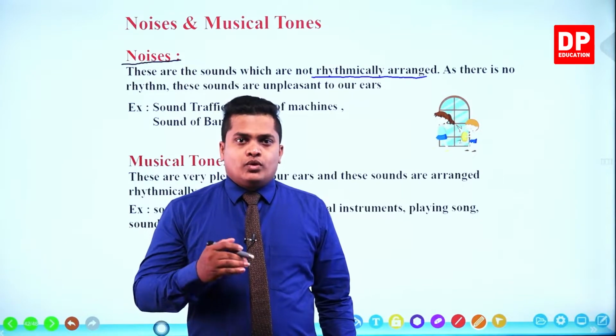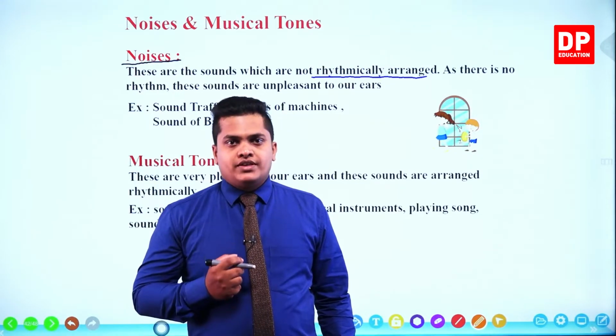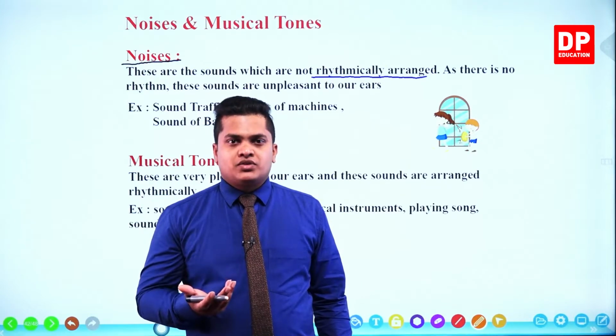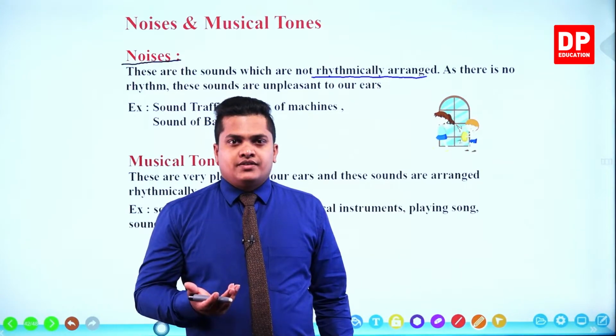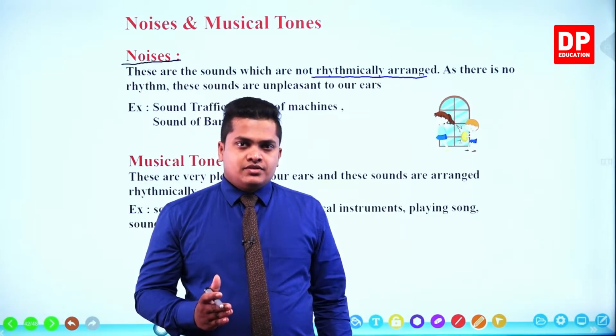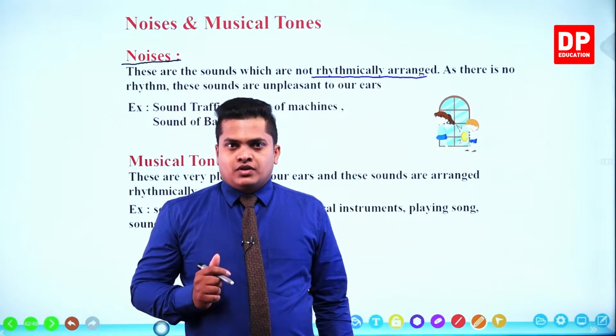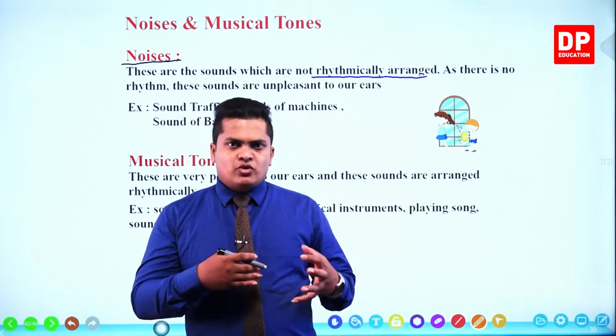So these noises are unpleasant to our ears. We can't hear those things, right? Those musical noises are very unpleasant to our ears, right? So that's what we mean by a rhythm.